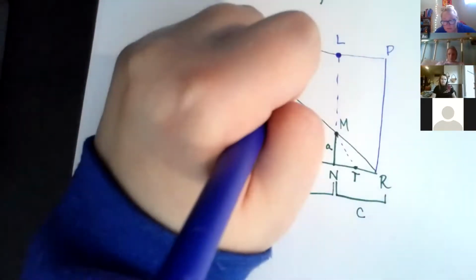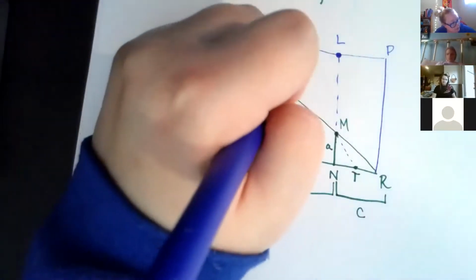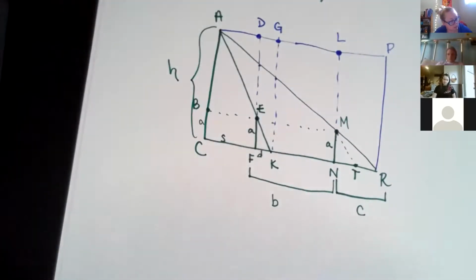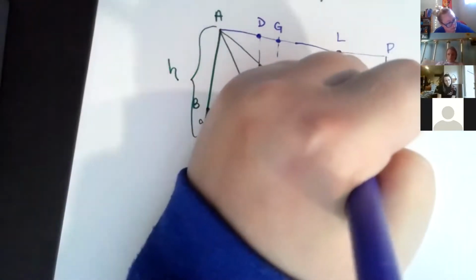So then we have these two new points. They don't label those, so there's that and that.